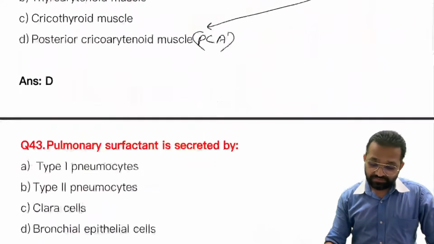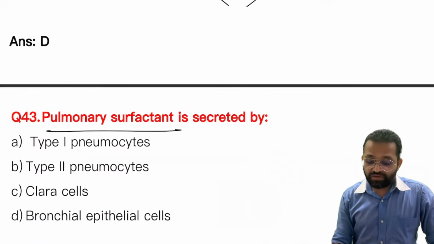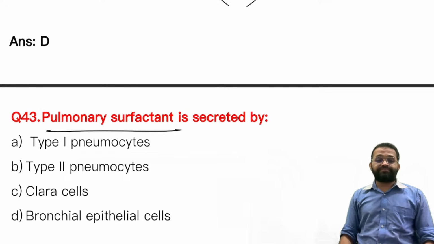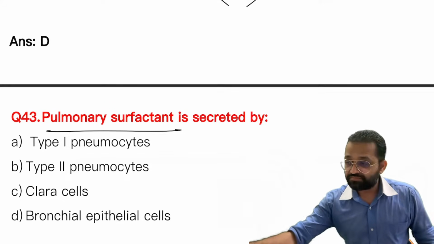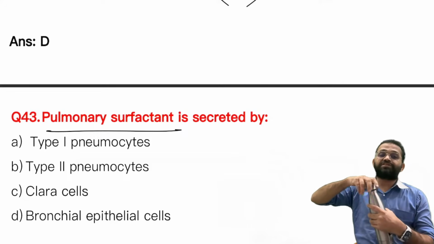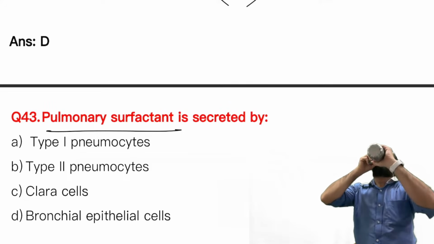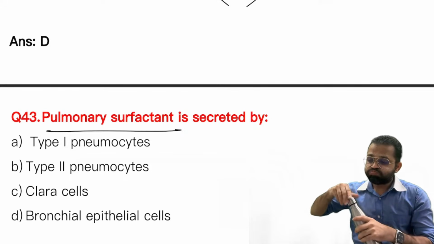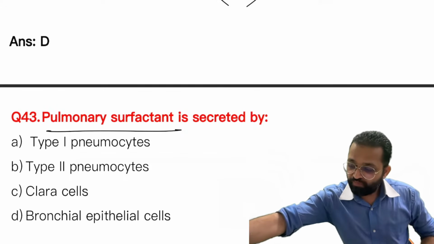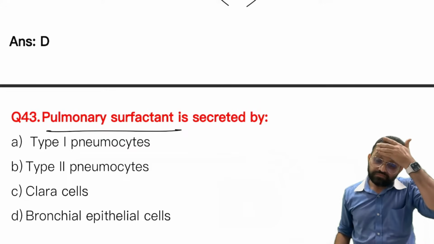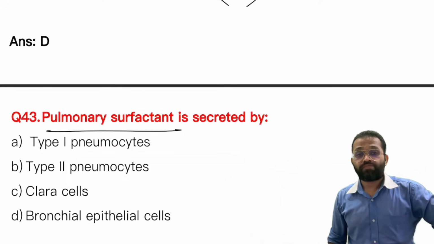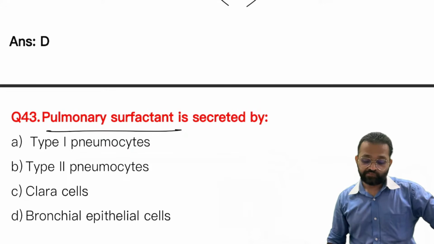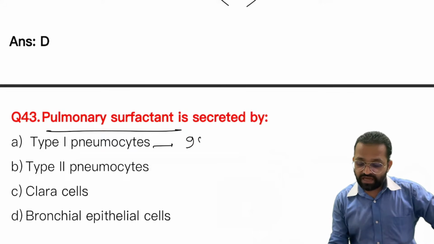Done. Now, pulmonary surfactant is secreted by. Tell me the answer. Pulmonary surfactant secreted by what? Type 1 pneumocytes, these are 95%.